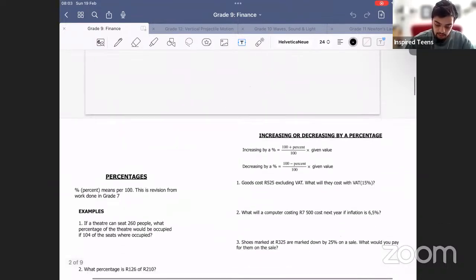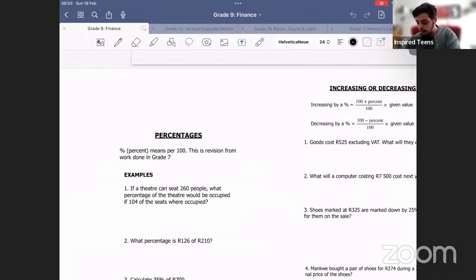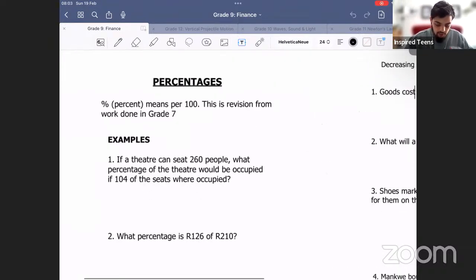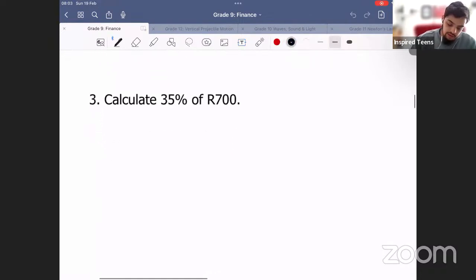Okay, so let's begin. Before anything, we are going to do some revision on percentages. Firstly, a percent means per 100. This is revision from grade 7 or whenever you've done it. Let's look at the third question first. Calculate 35% of 700 Rand.